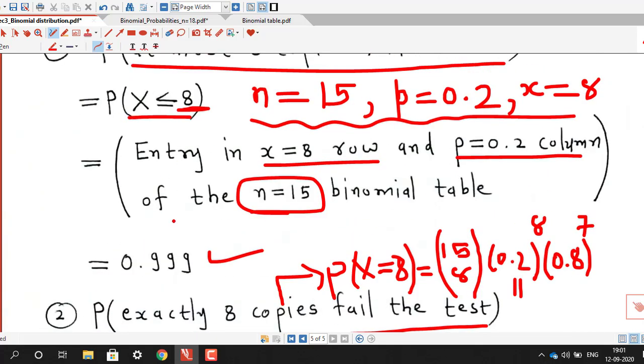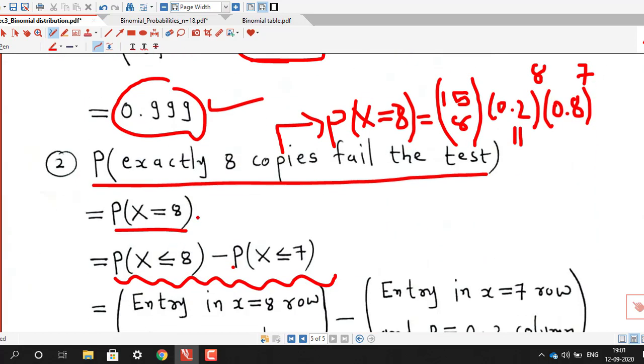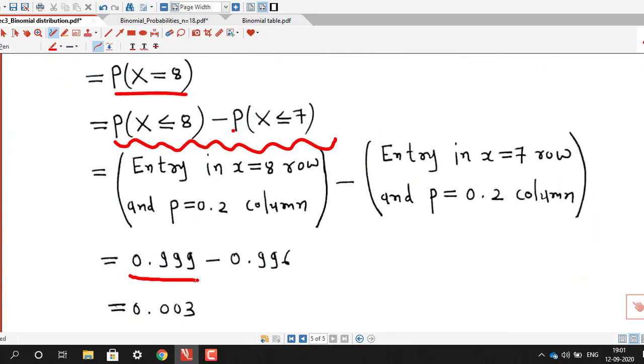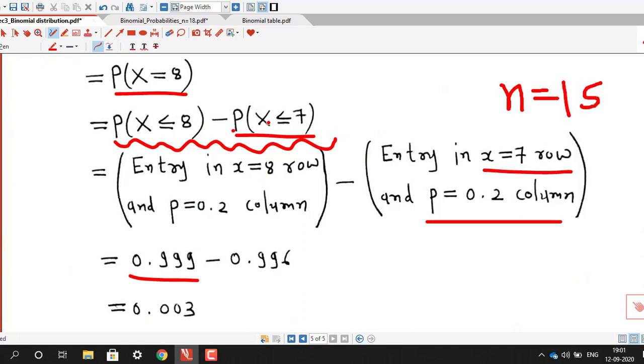Probability that x is less than or equal to 8 is 0.999 that we just found using binomial table, and we have to find out this using binomial table. Okay, so we have to check in x equal to 7 row and p equal to 0.2 column, and number of trials is 15. So for this we use this table with x equal to 7, n equal to 15 and p equal to 0.2.